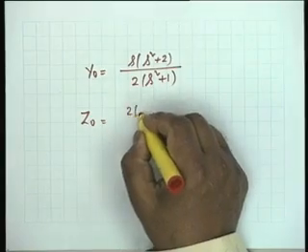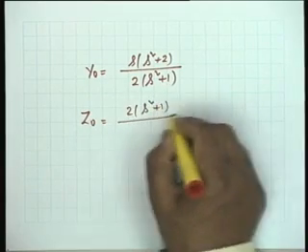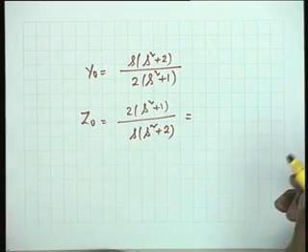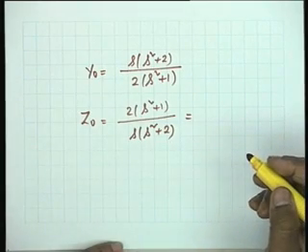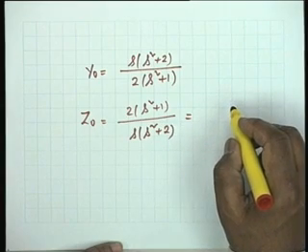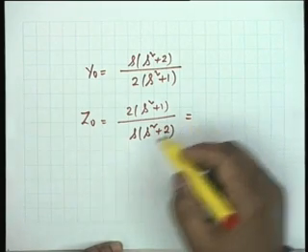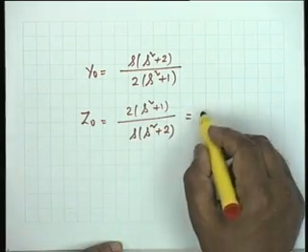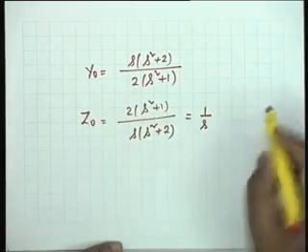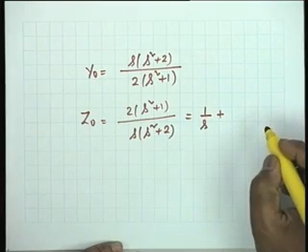Take Z0, 2 s square plus 1 divided by s into s square plus 2, and expand in partial fraction, because we want a Foster series form. And obviously, there is a pole at the origin. Residue at the origin is 1, plus 2 s divided by s square plus 2. Is there a pole at infinity?